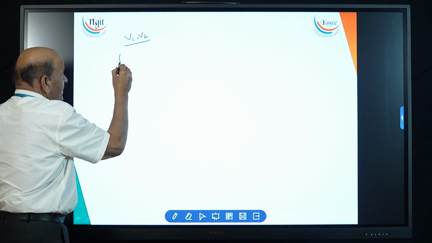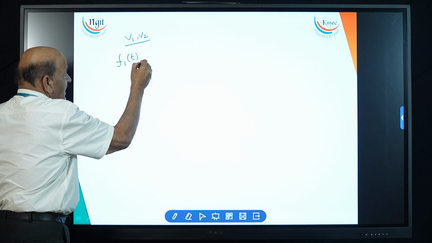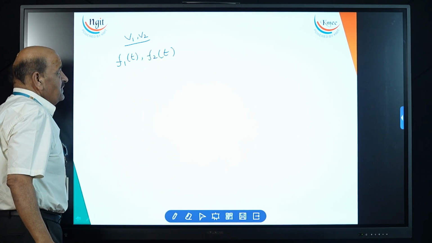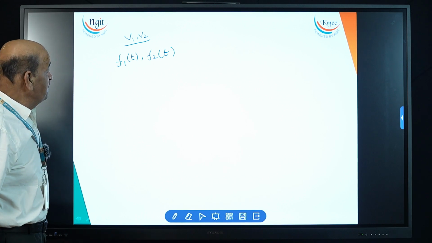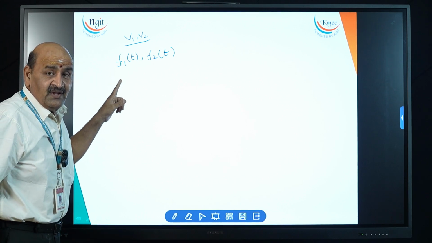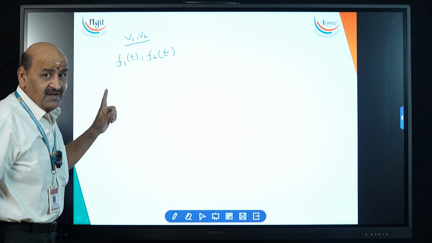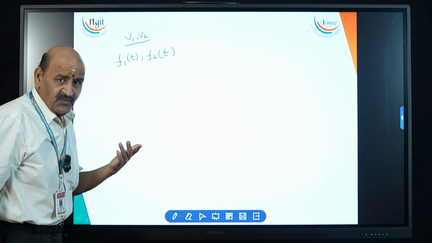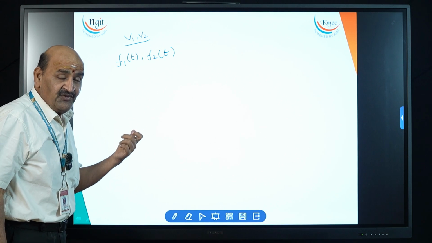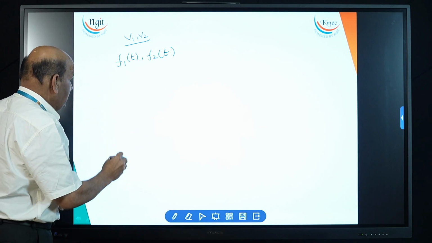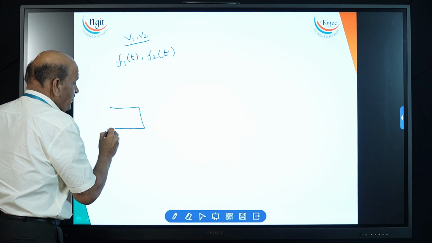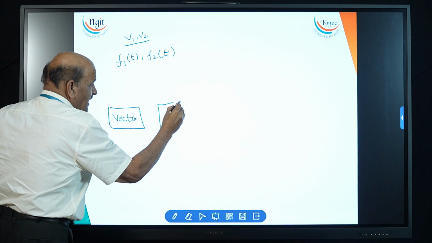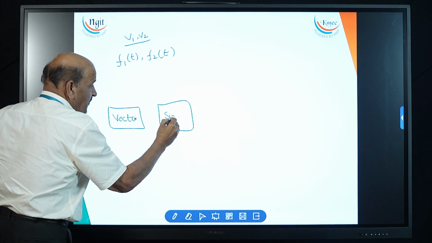Now here, F1 of t and F2 of t are two signals. There we used vectors, here we are using signals. This domain is the vector domain. This domain is the signals domain.